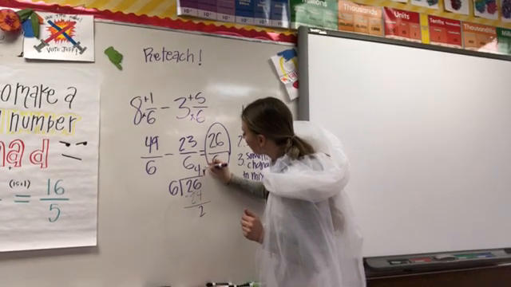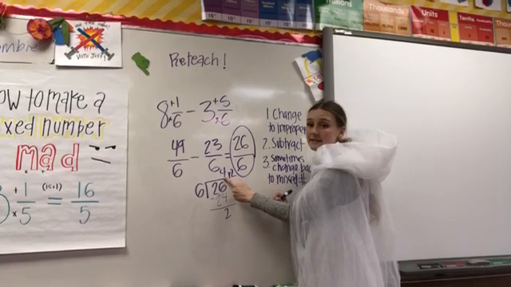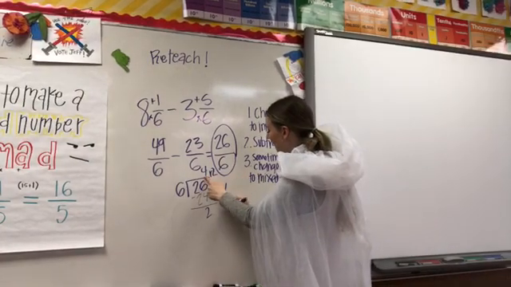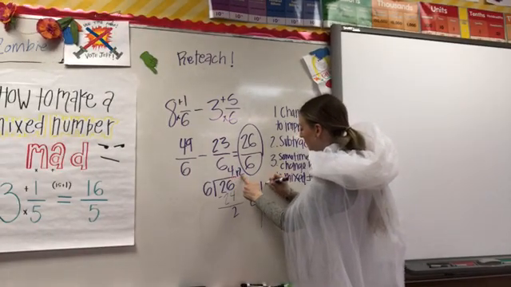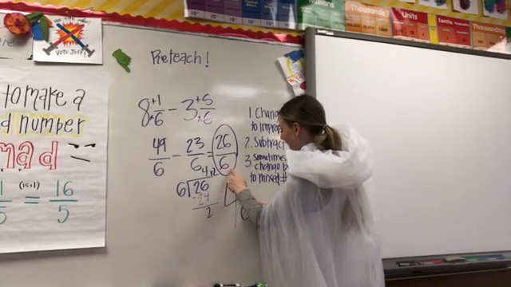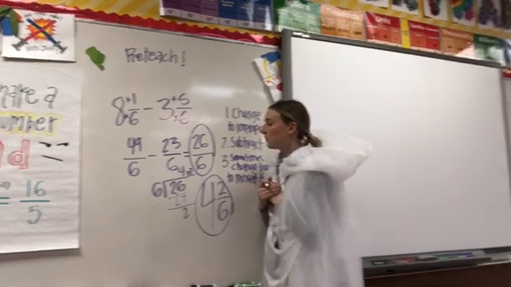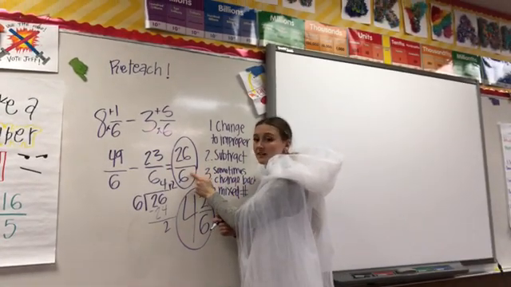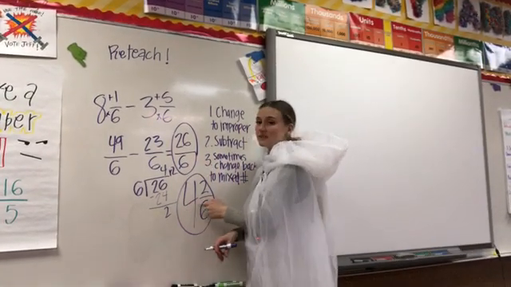So 4 remainder 2. Remember, this is how we take the fraction pyramid. The big number is the big 4. The 2 becomes the numerator, the remainder, and it stays over the same number 6. So 4 and 2/6 would be our answer. We can't leave it as 26 over 6. We got to change it to 4 and 2/6.